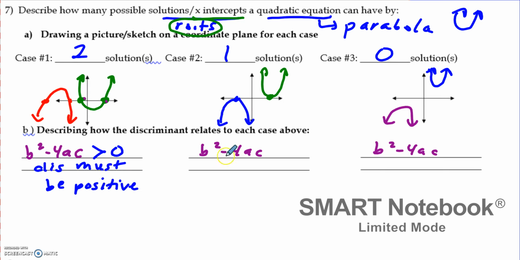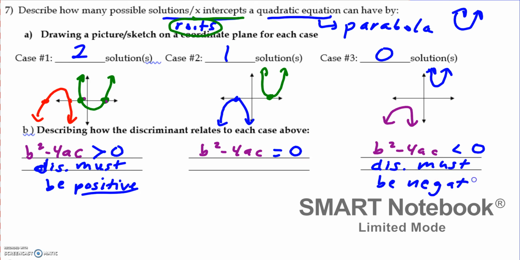If b squared minus 4ac equals 0 exactly, then you're going to have one solution. If it's positive, you have two solutions. And if b squared minus 4ac is less than 0, meaning the discriminant, abbreviated DIS here, must be negative in order to have 0 solutions.